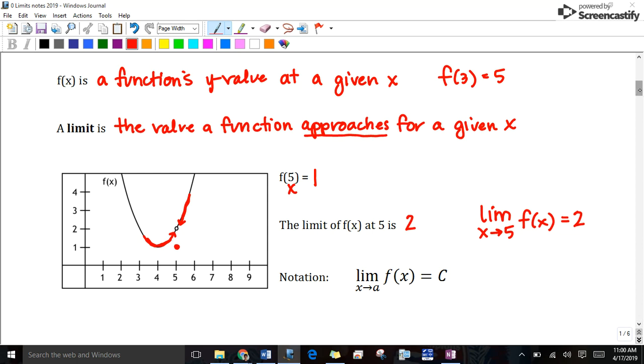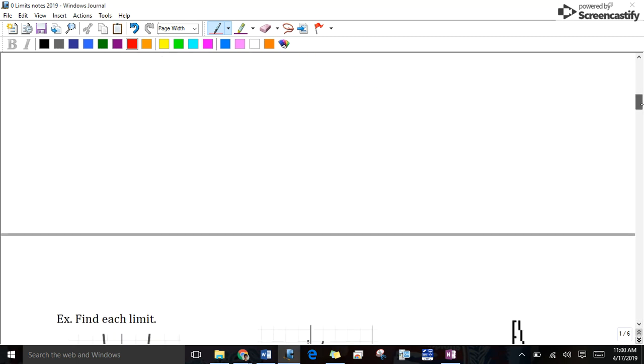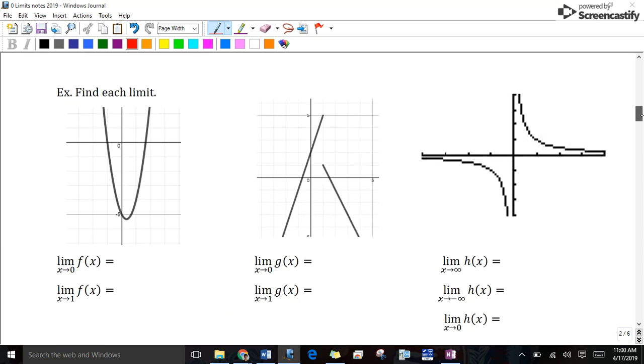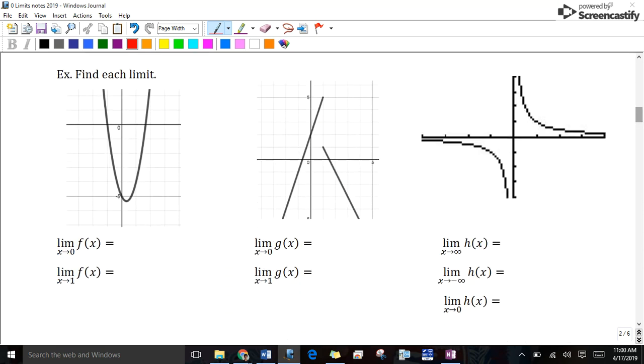All right, so let's take a look at a few graphs and see if we can find their limits. So first one is just a nice smooth parabola. No holes, no asymptotes, no breaks. Let's see what happens as x approaches 0. So again, I'm going to approach it from both sides of 0. Here I know is where x equals 0.